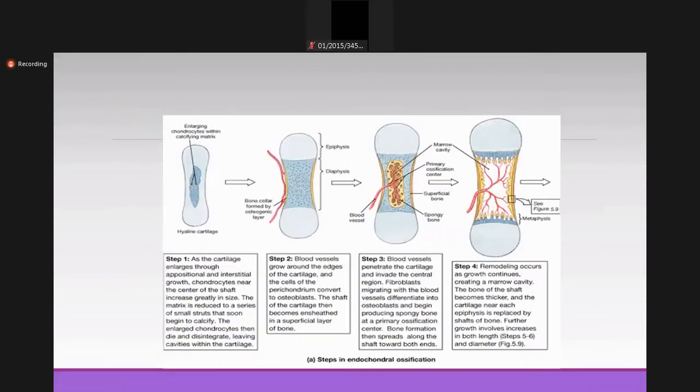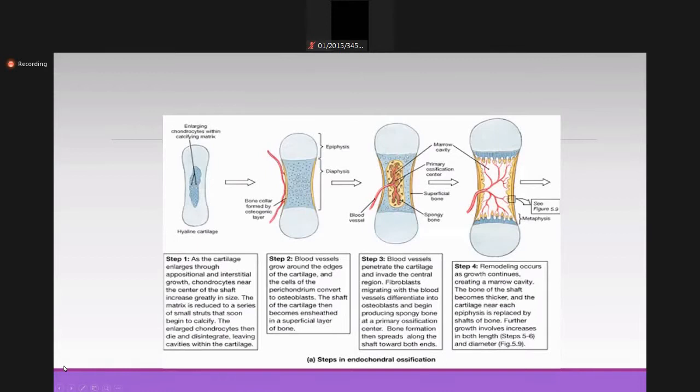The second type of ossification was the endochondral type of ossification, where you have a basic structure of hyaline cartilage, and gradually it leads to the formation of the compact bone. Now this is the diagrammatic representation, and I think this is enough for understanding the basic concept of endochondral ossification.